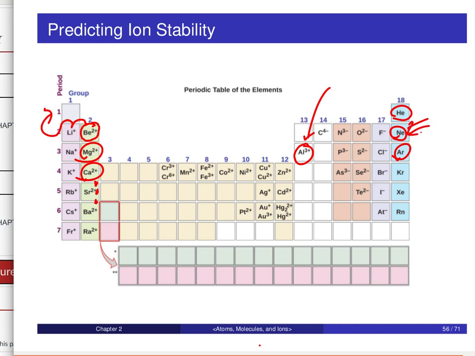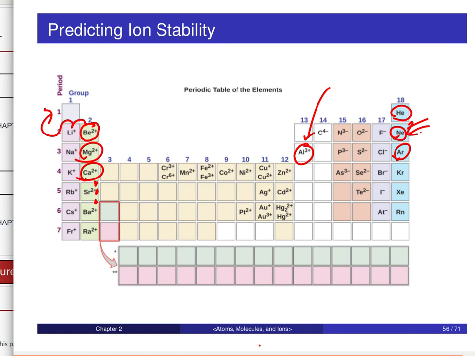So that general trend in our elements to want to look like noble gases allows us to predict the charges of these different elements, and the periodic table nicely groups all of these elements with common charges in the same column. Very interesting thing that's come about here.